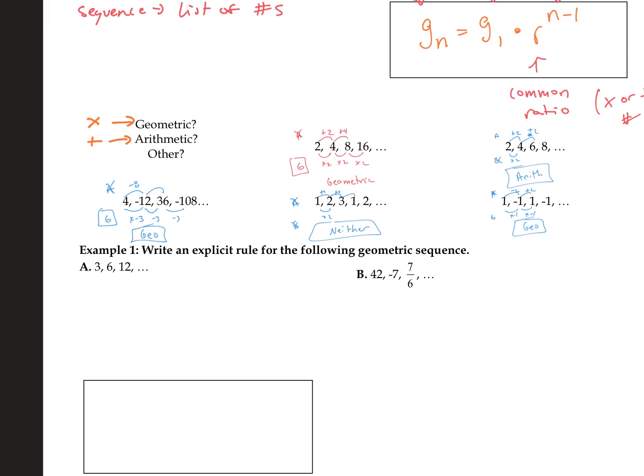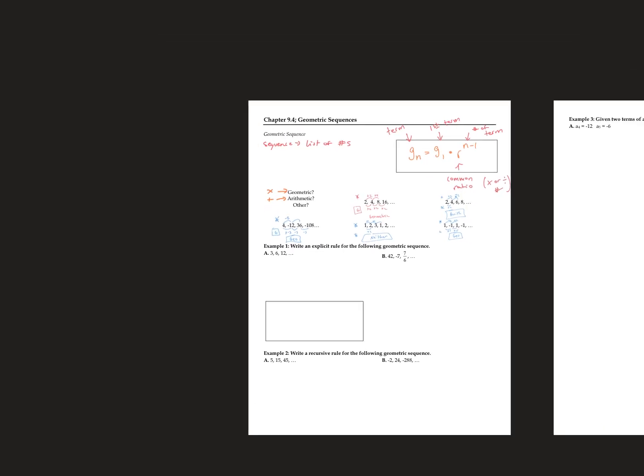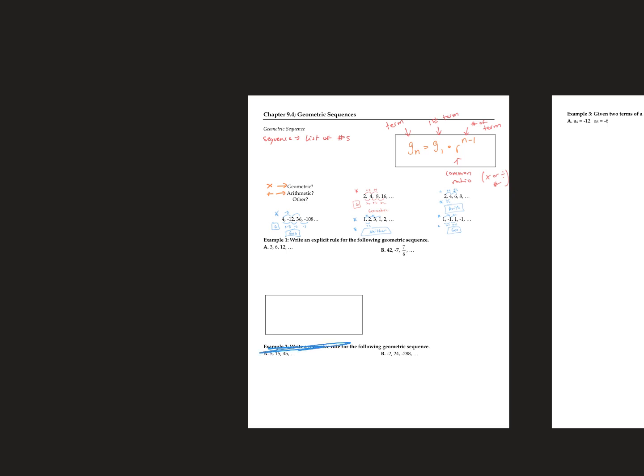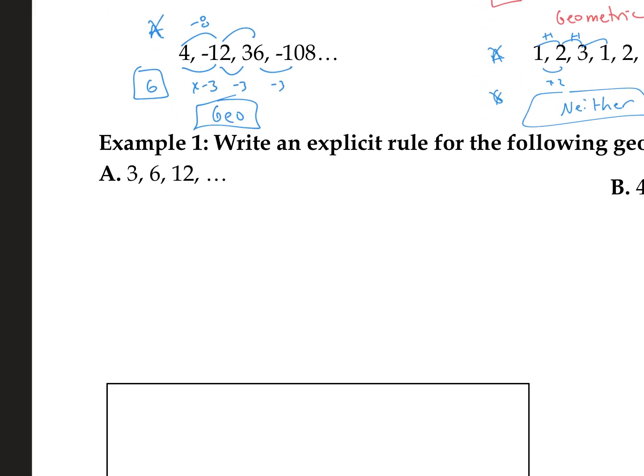All right, so let's take a look at this. Let's write an explicit rule for our geometric sequences. I'm not going to do recursion, we're just going to do explicit. So to write an explicit rule, remember our formula up at the top: g sub n is equal to g sub 1 times r to the n minus 1.